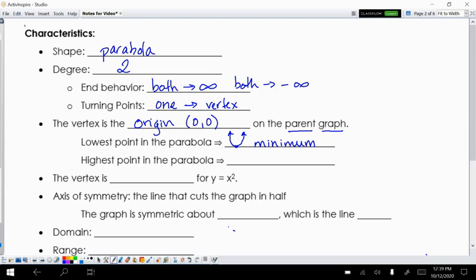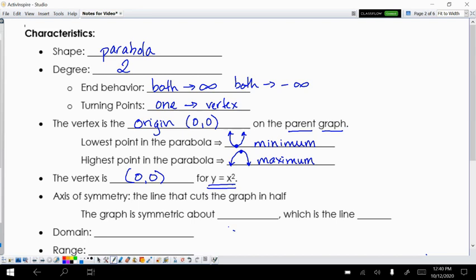It's the lowest point in the valley. If our graph opens the other way, our parabola opens down, then it's the highest point on the mountain, and the vertex is a maximum. So this, again, is our parent function, and our vertex is 0, 0.